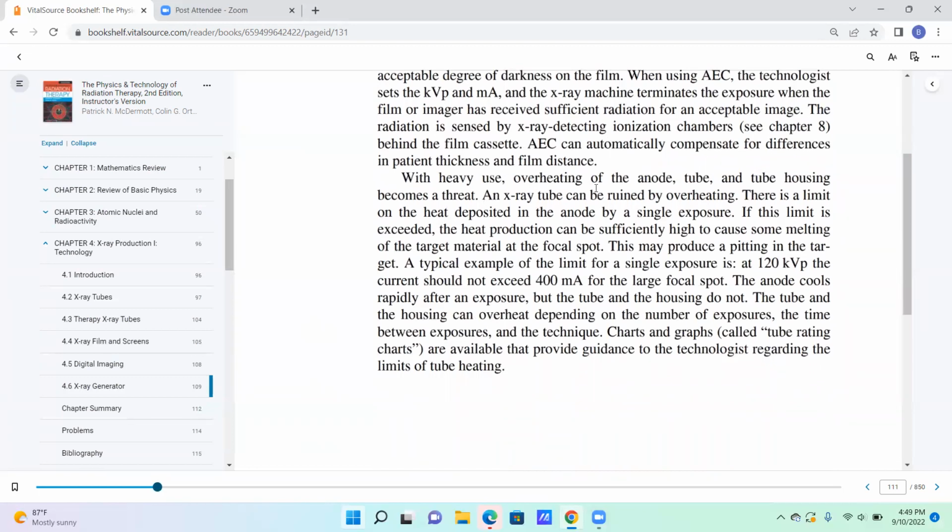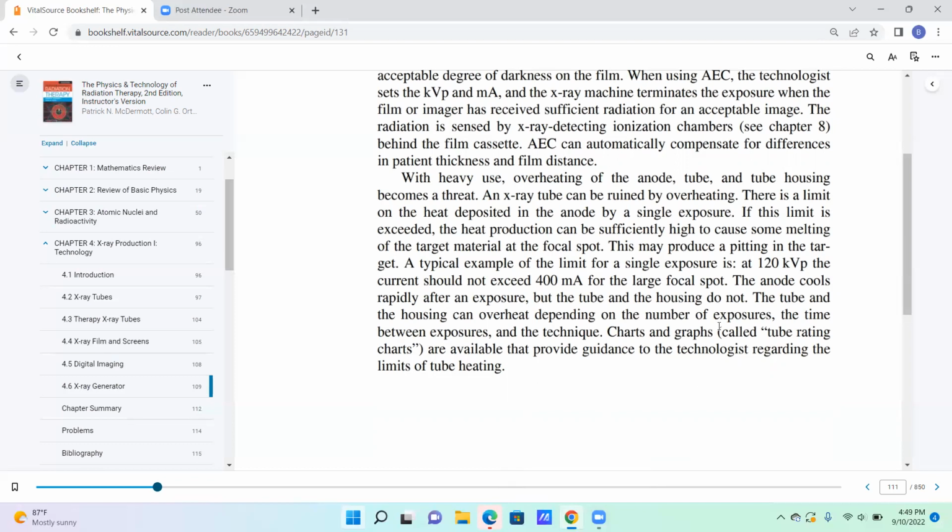With heavy use, overheating of the anode, tube, and tube housing become a threat. An X-ray tube can be ruined by overheating, and there's a limit on the heat deposited in the anode by a single exposure. If that's exceeded, then the heat production can be sufficiently high to cause some melting of the target and the focal spot, and you don't really want that.